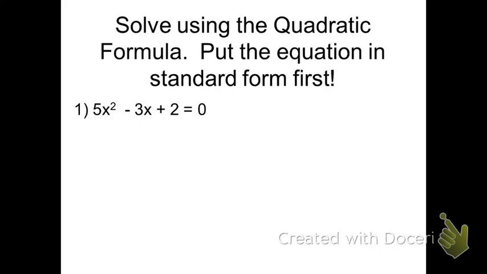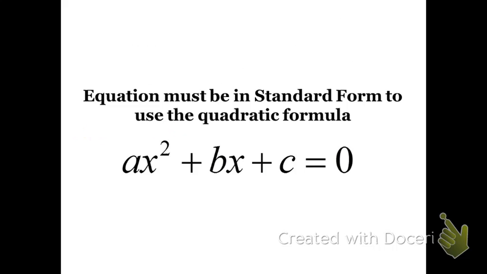We know that since it's written as 5x squared minus 3x plus 2 equal to 0, because it's equal to 0 and all your like terms are combined, that means that a is going to be 5, b is going to be negative 3. All right? If I can go back to the previous page and you can look at standard form again, notice how there's a plus sign in front of bx.